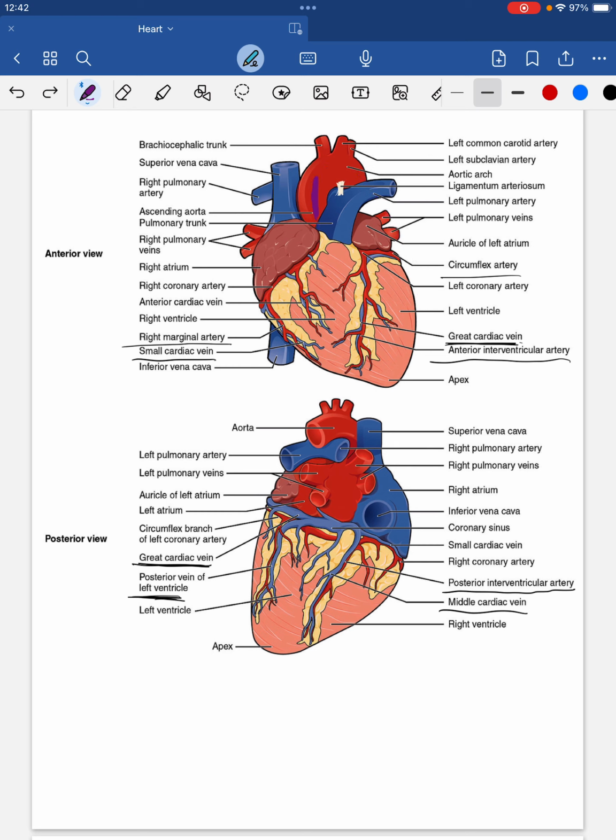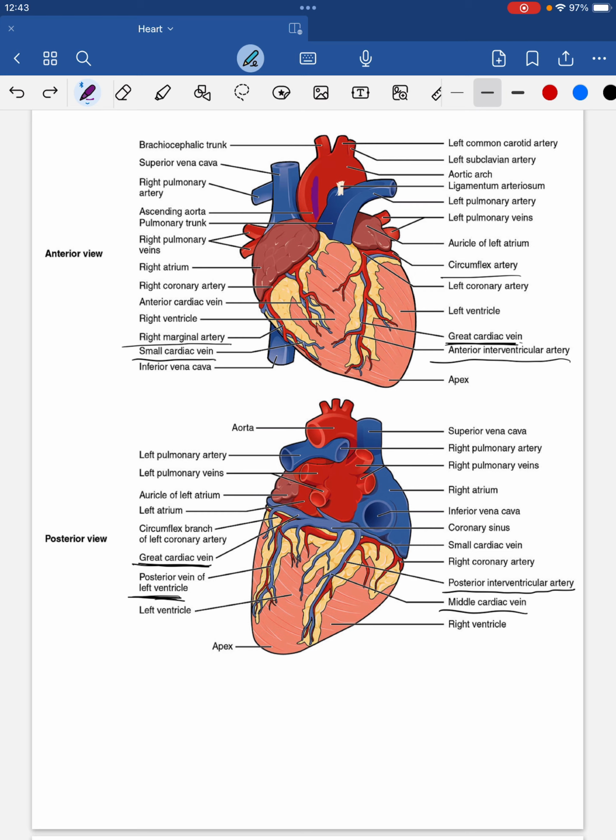We're starting here at the ascending aorta, which is also anterior, and from here we go to the right and left coronary artery. Okay, so there and there.